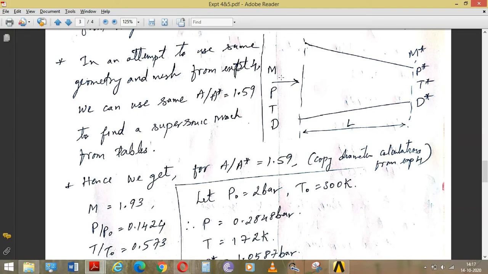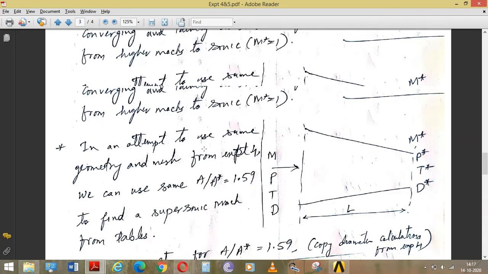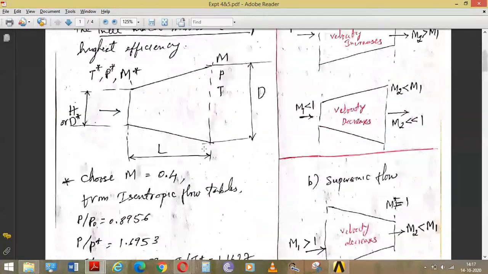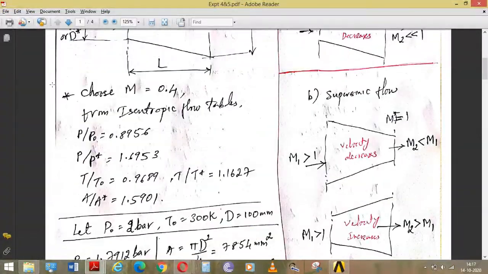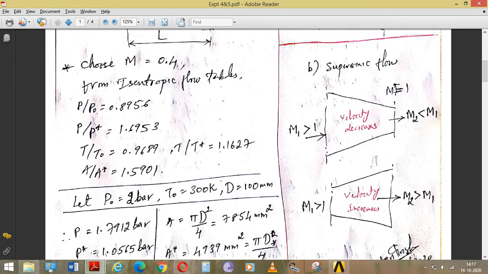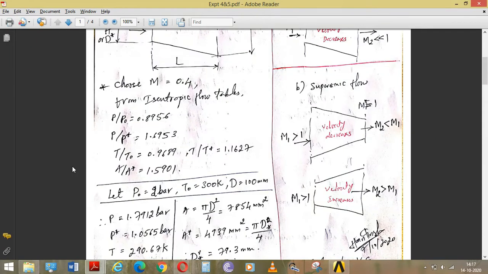For example, if you want the inlet flow Mach number to be 2, then for that particular Mach number 2 you have to go to the isentropic flow tables, find all these ratios, and compute all the flow values: the pressure, temperature, area, diameter, all those things. For experiment 4, I have written this in very much detail.